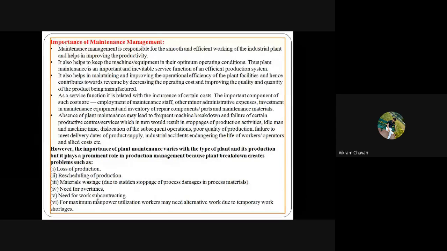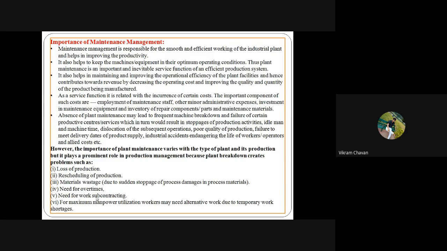Importance of maintenance management. Maintenance management is responsible for the smooth and efficient working of the industrial plant and helps in improving the productivity.